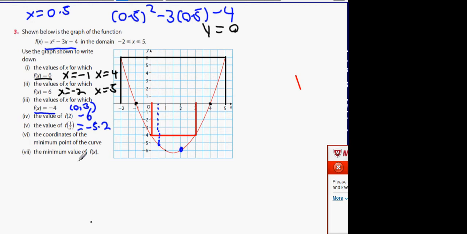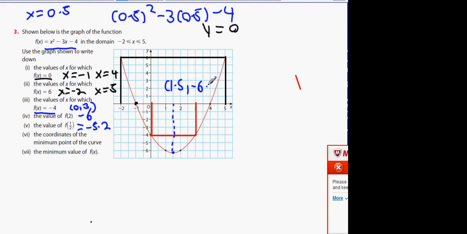Next thing, the coordinates of the minimum point. What does a minimum point mean? Where is it at its lowest? It's going to be the point 1.5 on the x-axis, isn't it? And how far on the y-axis? Minus 6.2-ish again.